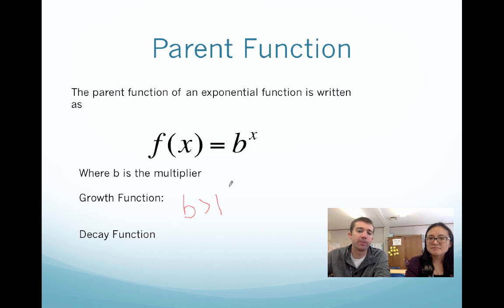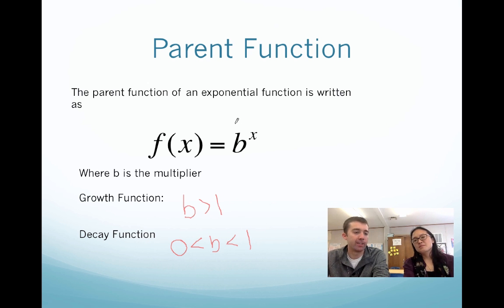So our B term, we're taking it to a positive exponent, so it's getting bigger every time. And for our decay function, since B can't be 0, it has to be bigger than 0, but it can't be 1, so it's going to be less than 1. So any fraction or decimal, which are the same thing, would make it a decay function. It's decreasing, it's being divided each time.